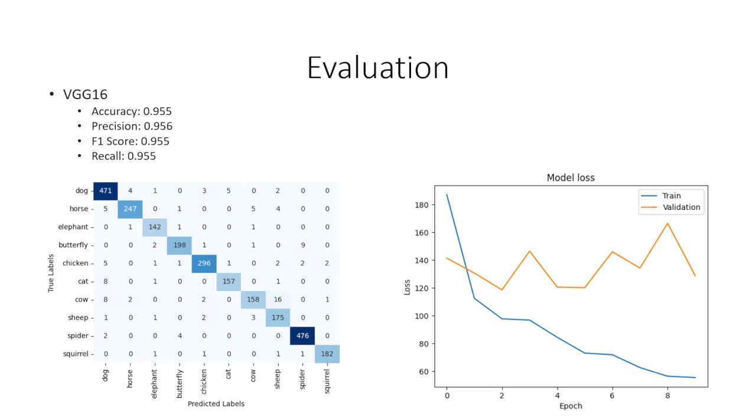This is a signal that VGG16 was having some difficulty learning the data. In the future, to smooth out the validation loss, we might adjust the learning rate or implement regularization to help prevent overfitting and smooth the curve.